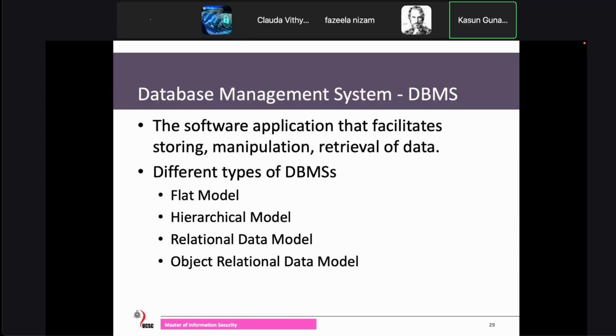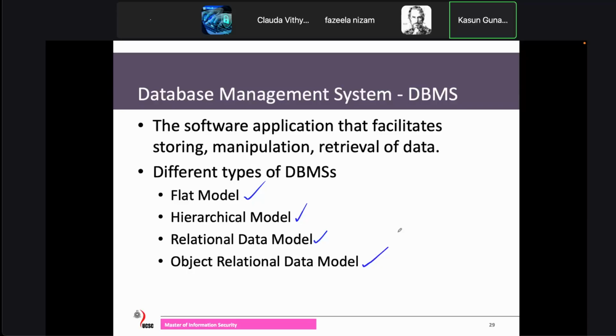If you look at database management systems, there are different types based on the data model they follow. At the beginning, I told you that there are different data models historically, and how things evolved, starting with the flat model, then the hierarchical model, the relational model, and the object relational data model.